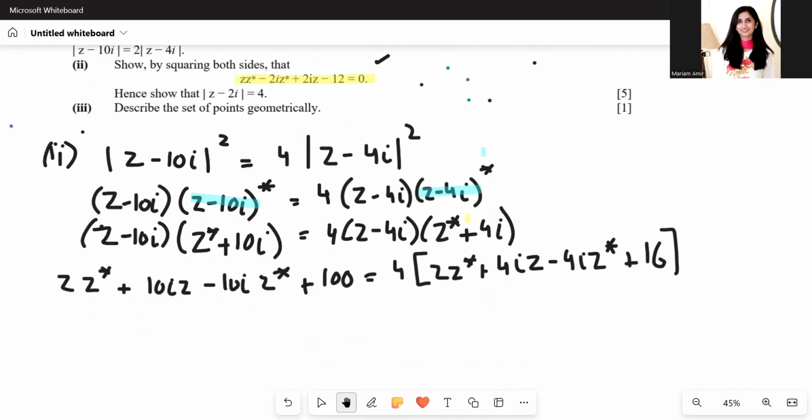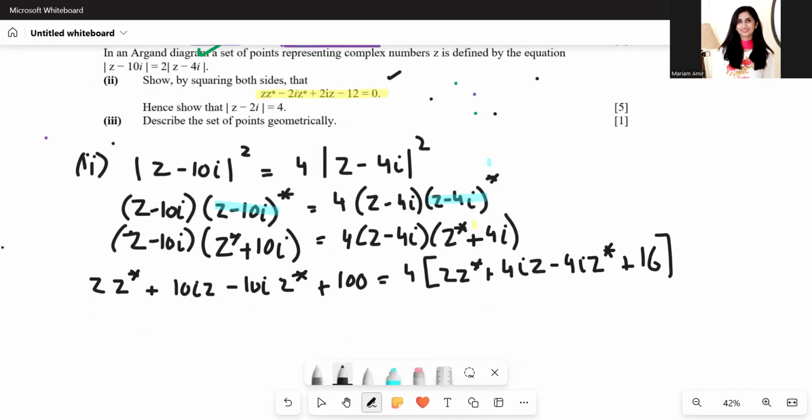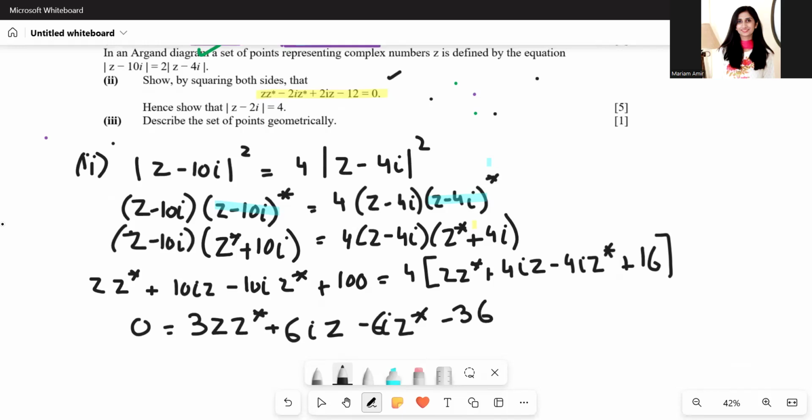Now you open the brackets on the right hand side and then rearrange this. I'm doing this in one step. We will get 3 z z conjugate plus 6iz minus 6i z conjugate minus 36.